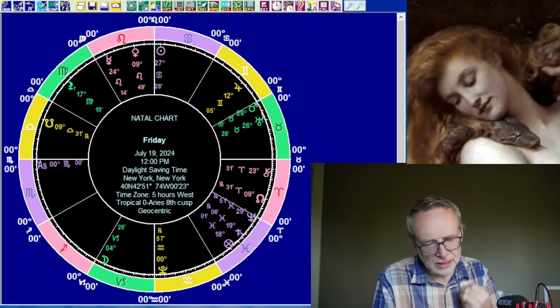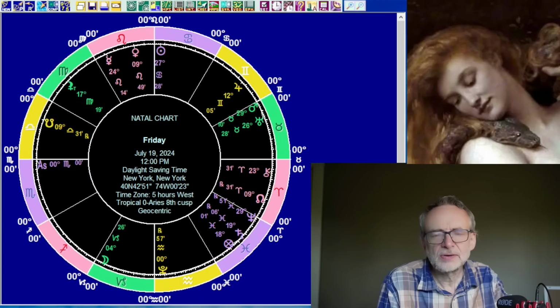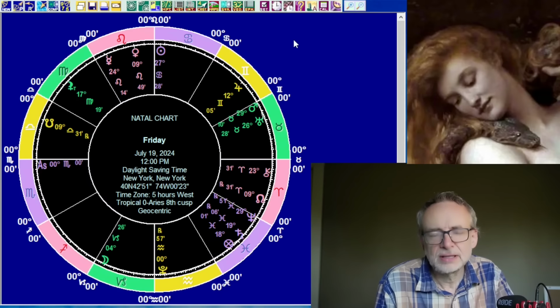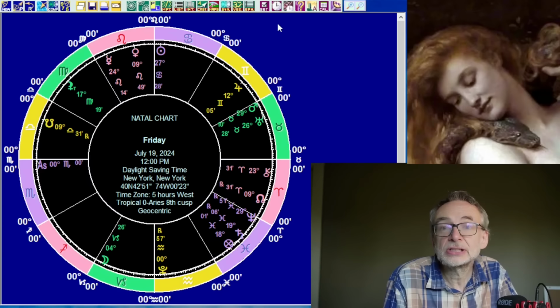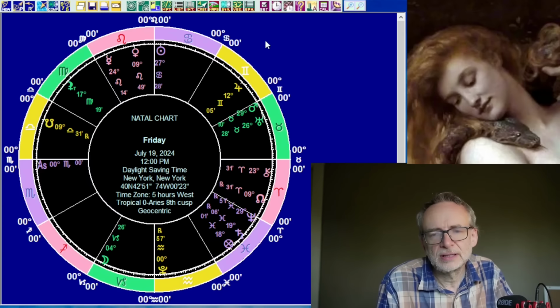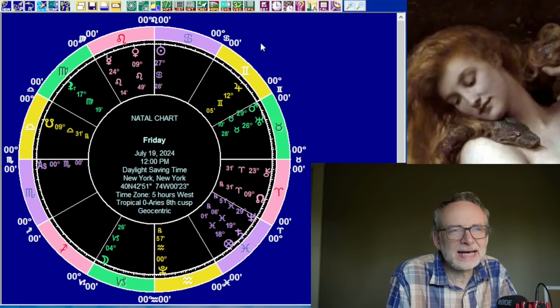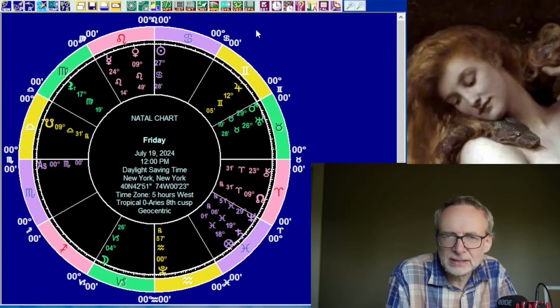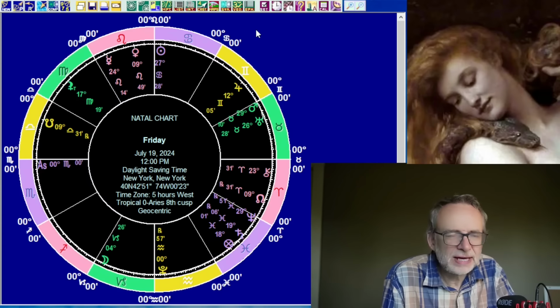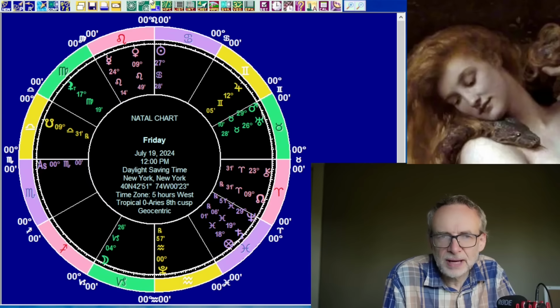So perhaps, Sagittarius, you need to accept that you're not quite in as strong a position as you used to be. Now, I'm not telling you that because I want to make you feel bad. I'm telling you that so that you can be better prepared.